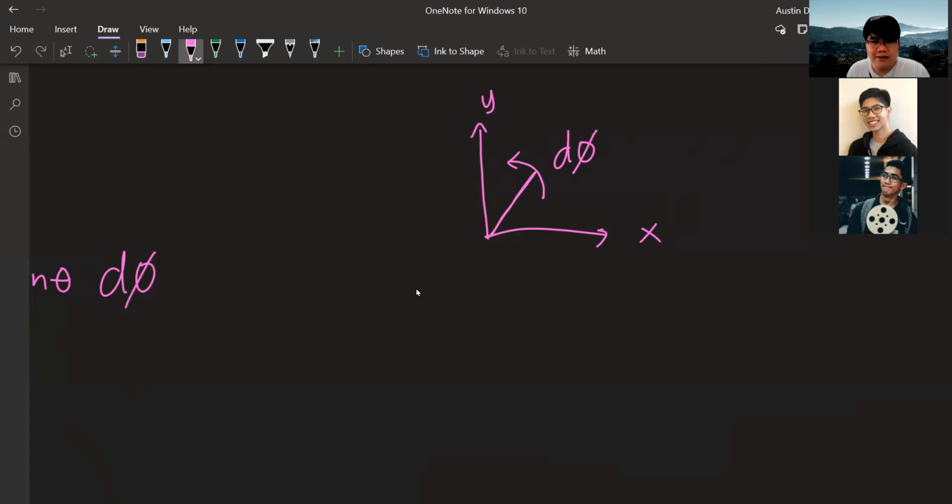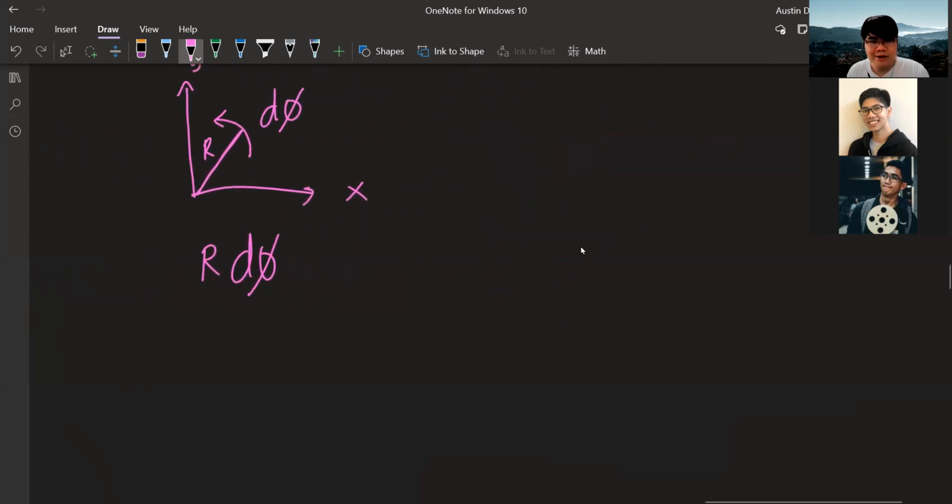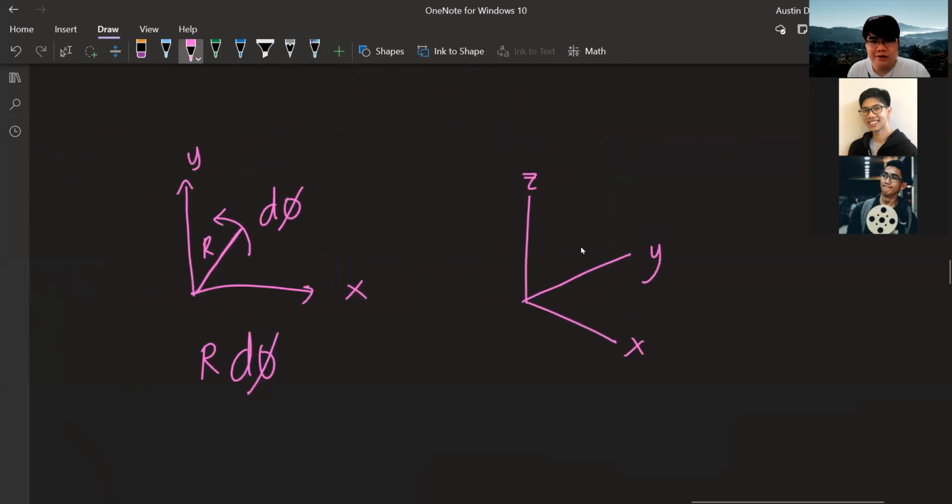So, this length here, let's call this capital R. Okay? So, ang kailangan mo talaga is R d phi. However, to get R, you have to look back to yung normal view ng coordinate system mo. So, X, Y, side view na ito, no?